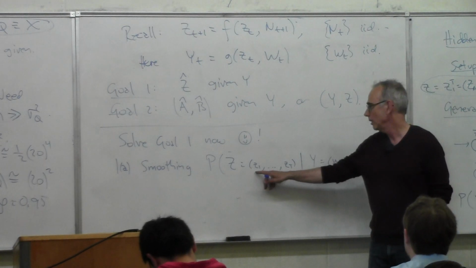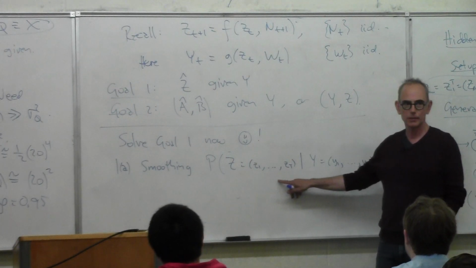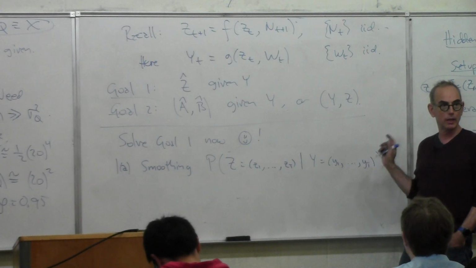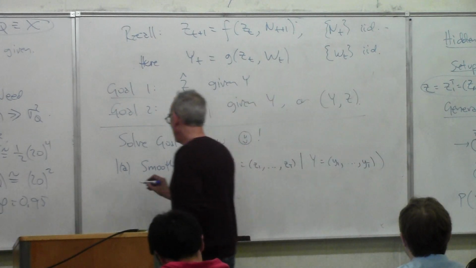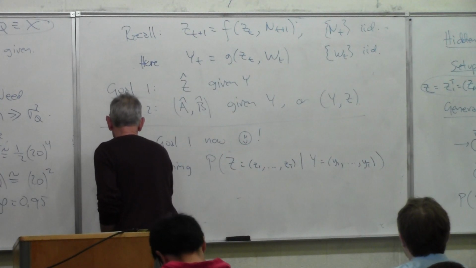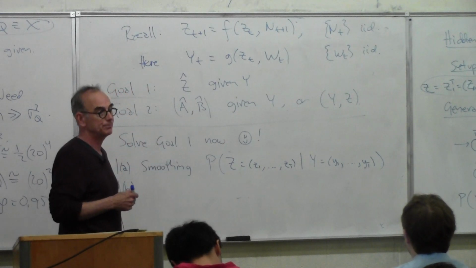I'd like to know the whole probability of every possible string, given my observations of the last 6 months, whatever. And 1b is just state estimation.